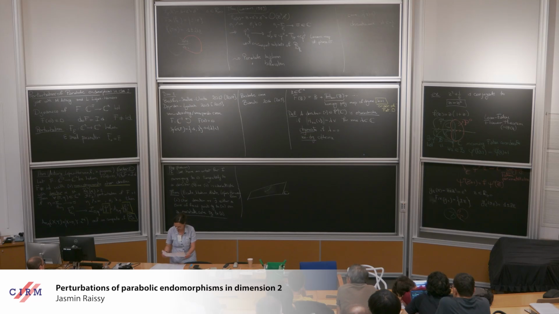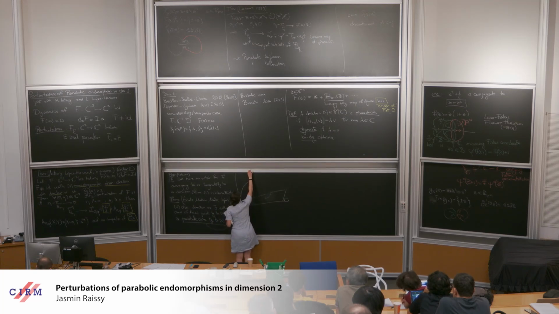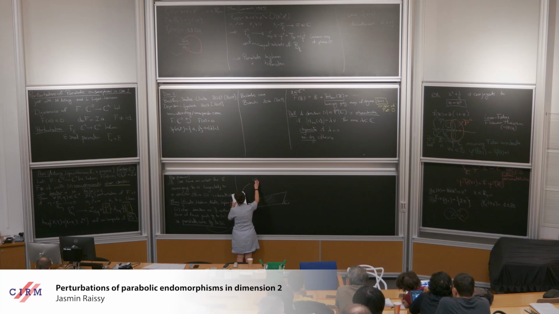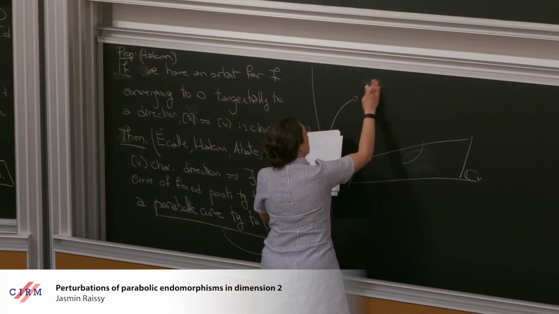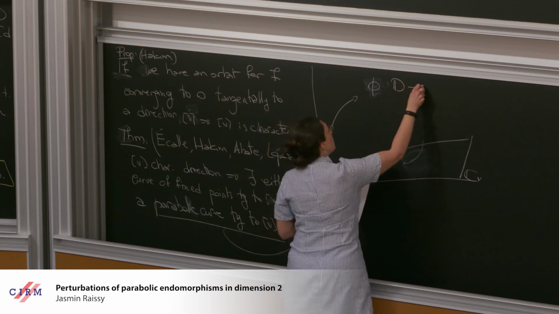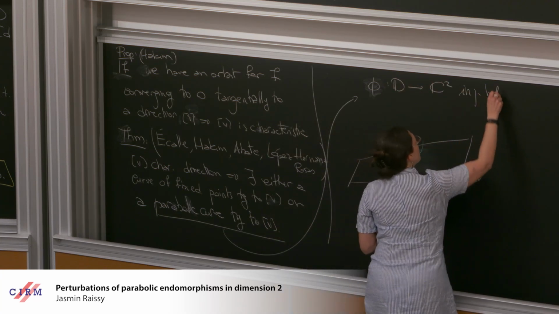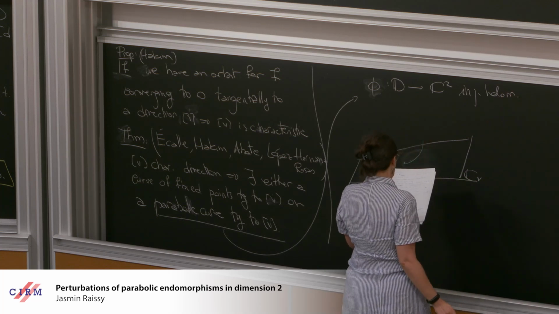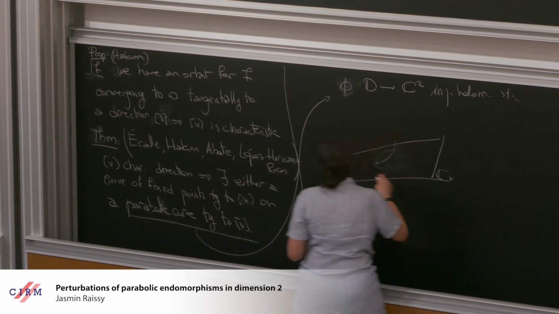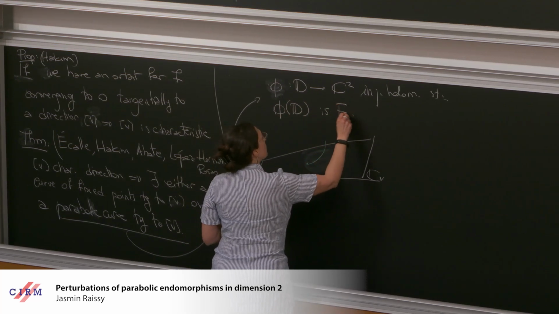So a parabolic curve, let me give you a definition because I will need it later. A parabolic curve means it's the image, oh, everything is called phi, I'm sorry about that, let's call it phi like this, from D to C2, injective holomorphic, such that the image of the disk is F invariant.